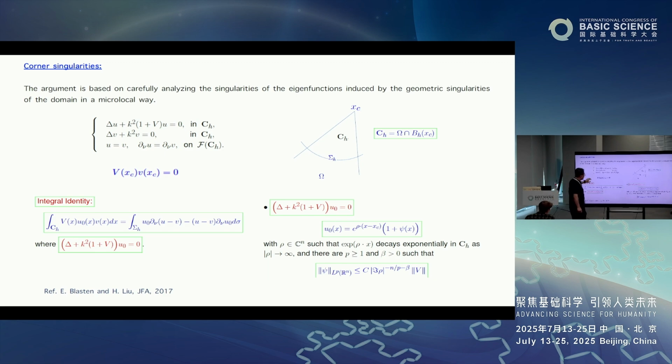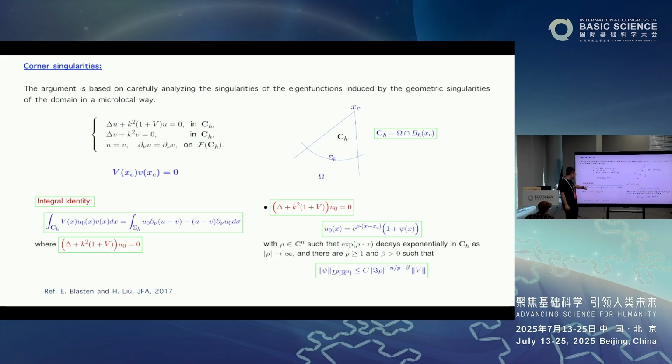The idea is that we take the difference of the two PDEs, and then we multiply by a test function u0, which is again a solution to the PDE, and then we do integration by parts. After integration by parts, there are only two terms left: one is the volume integral, the other is the boundary integral.